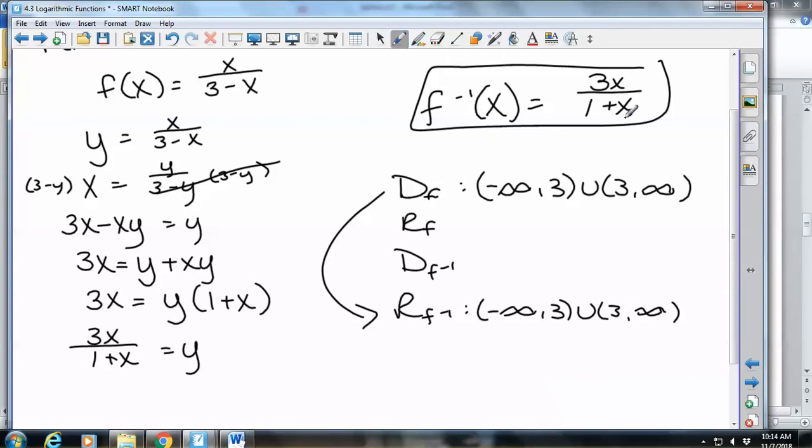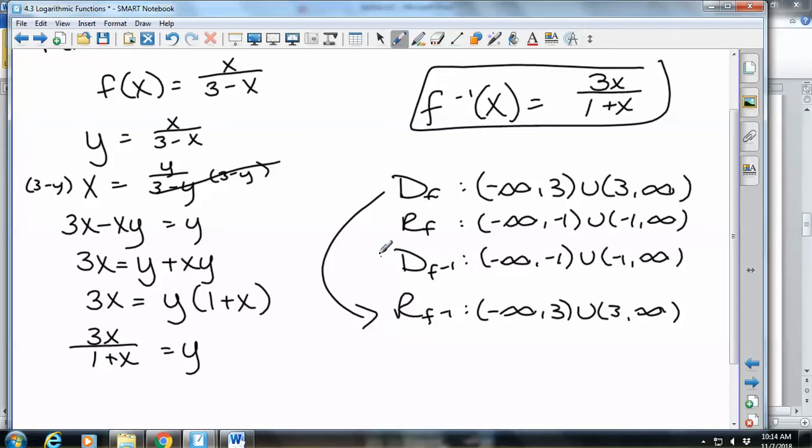Okay? Looking at the inverse, what's its domain? Negative 1. So negative infinity to negative 1 union negative 1 to infinity, and that is the same as the range in the original function. Those two go together.